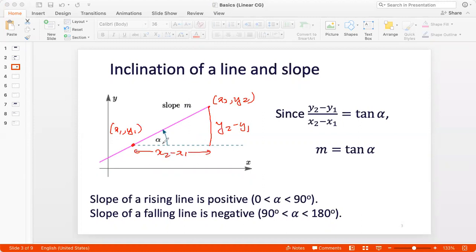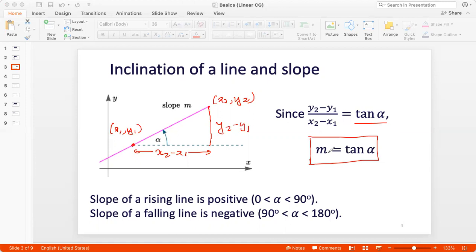So by the property of trigonometry, y2 minus y1 divided by x2 minus x1 will be the tangent of angle alpha, tan alpha. And since y2 minus y1 divided by x2 minus x1 is the slope, we can say that the slope is the tangent of the angle that the line makes with the positive x-axis.